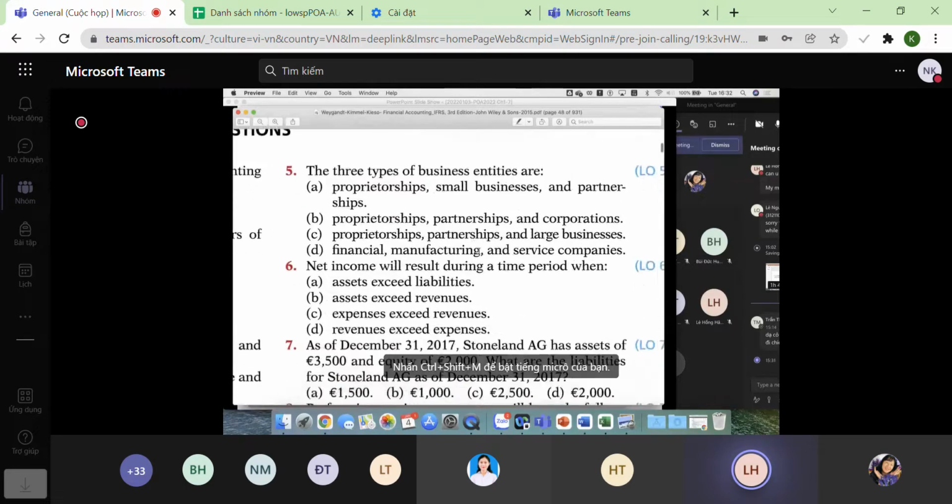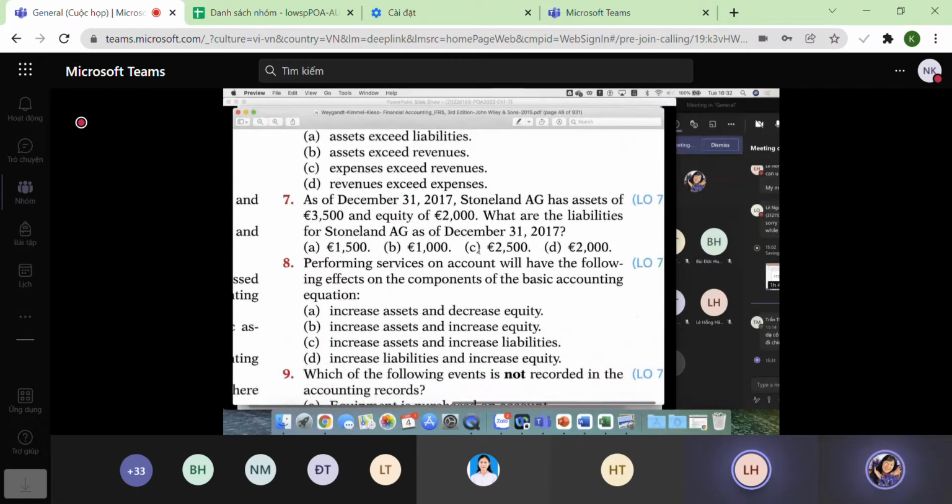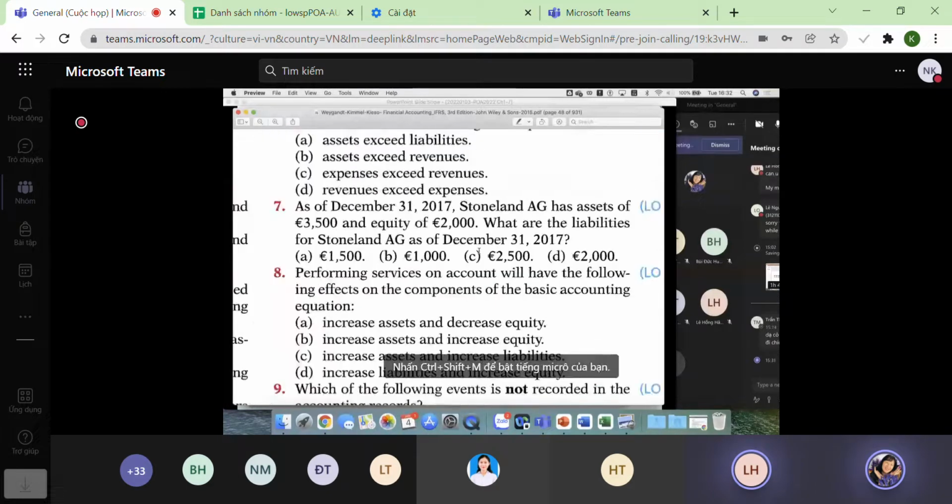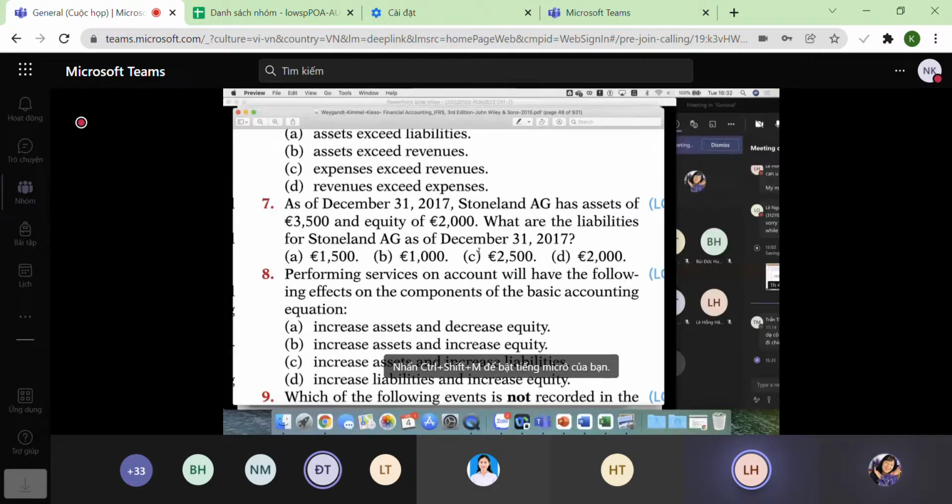Leave it for later. I want to mention the accounting equation. Here, number 7, to remind you about the accounting equation. Scotland has assets of, A, B, C, D. A. How about the total assets? 3,500.